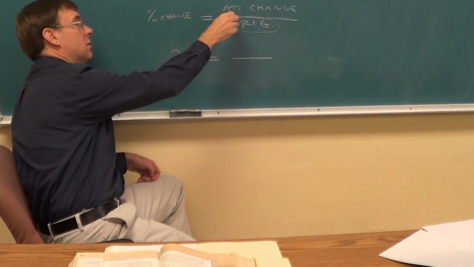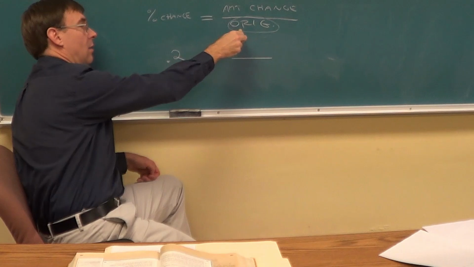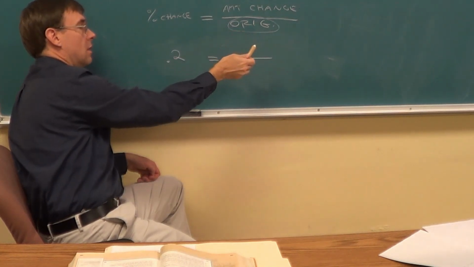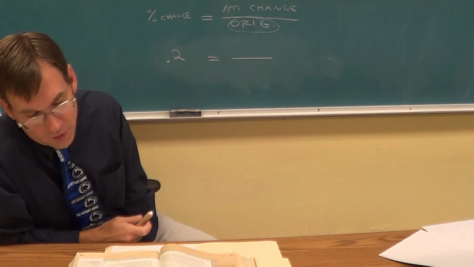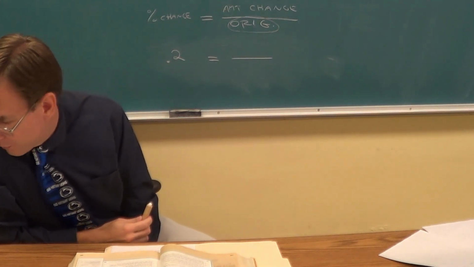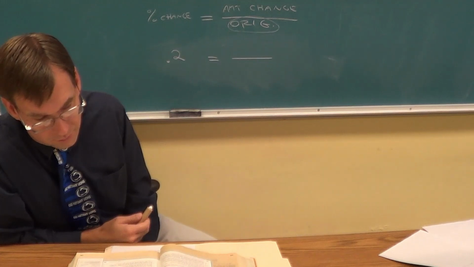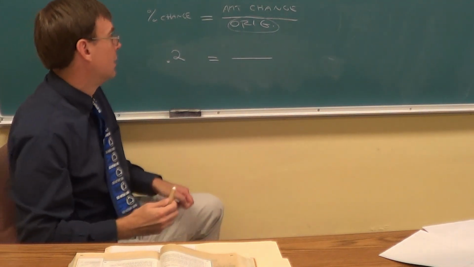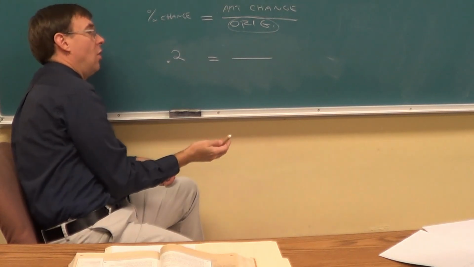They did not tell you the amount of change. They did not tell you the original amount. You don't know either of those things. What you know is that the new thing is 24. And the old thing, we don't really know. They can't be an X and a Y because we don't have the algebra knowledge to do that.